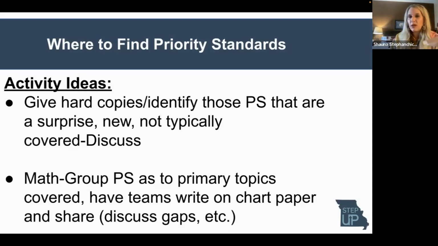So Glenita, you mentioned this vertical alignment, and this is a great activity for that, where you can write their key things there and then have people do a gallery walk. Okay, third grade is a lot of multiplication and division. Fourth grade is a lot of fractions. And what they start seeing is a gap. Second grade is the only one who's got money written on there.